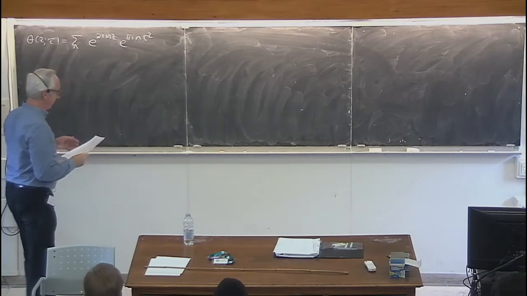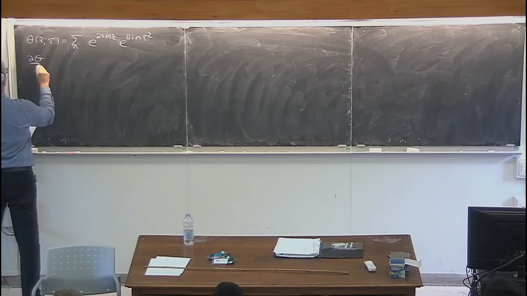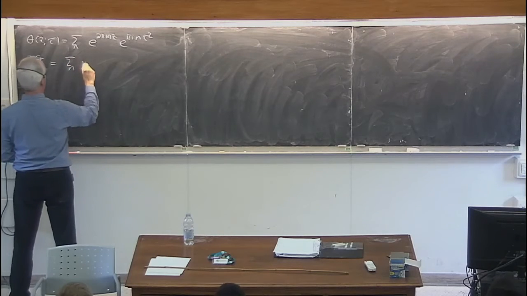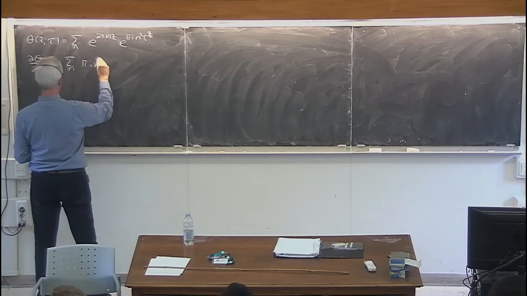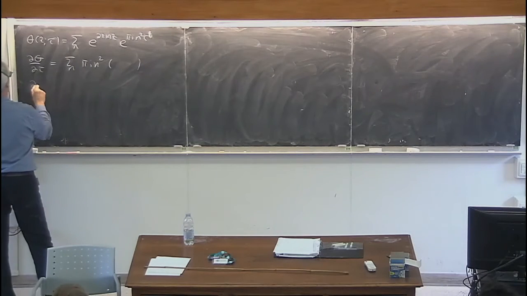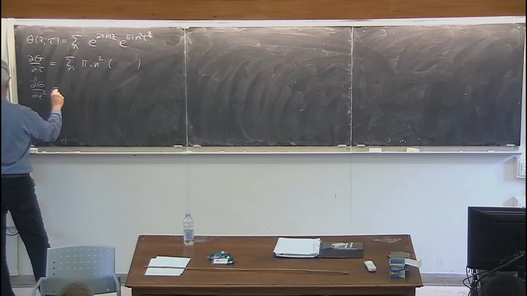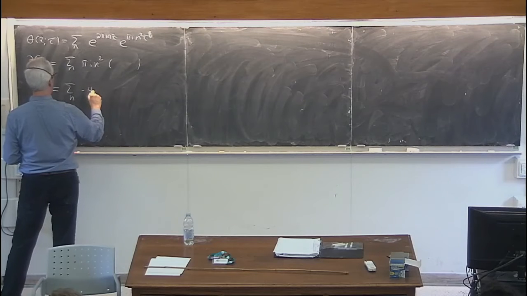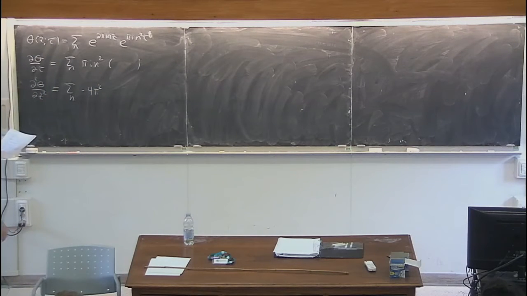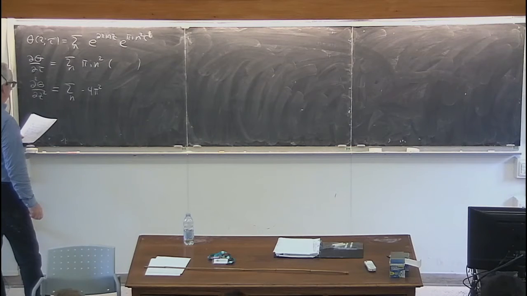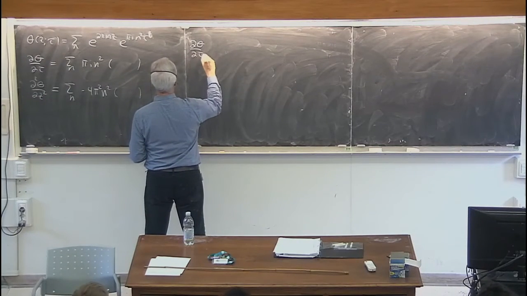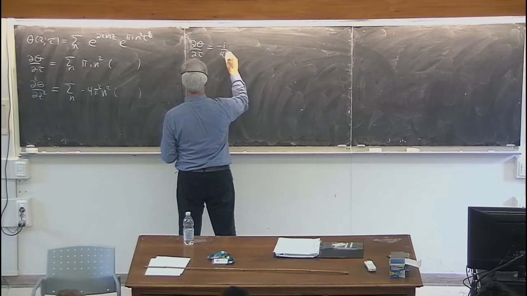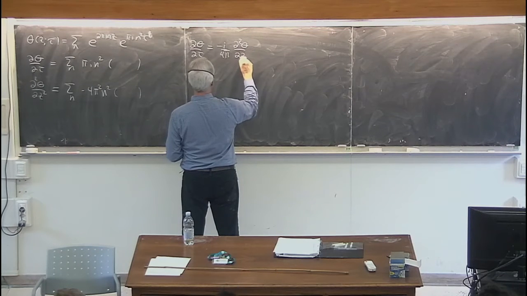All right, so here's our Jacobi theta function. And it's clear from this, if I do things correctly, that the tau derivative of theta is equal to minus i over 4 pi times the second z derivative.